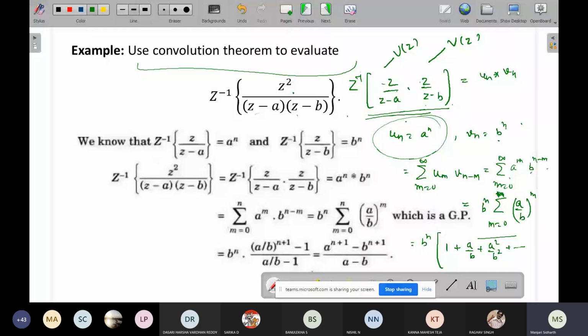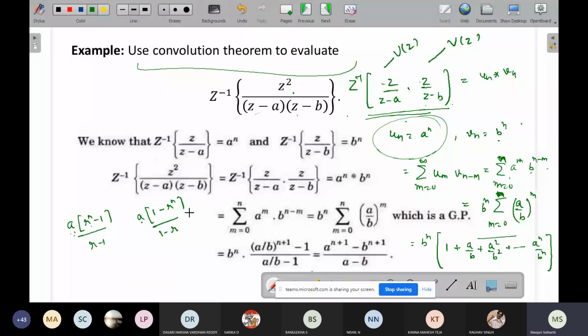Now this is a GP, geometrical progression, summed up to n terms only. If you remember, the formula is a into (r power n minus 1) over (r minus 1) if the common ratio is greater than 1, and a into (1 minus r power n) over (1 minus r). Here a is the first term of this GP and r is the common ratio.